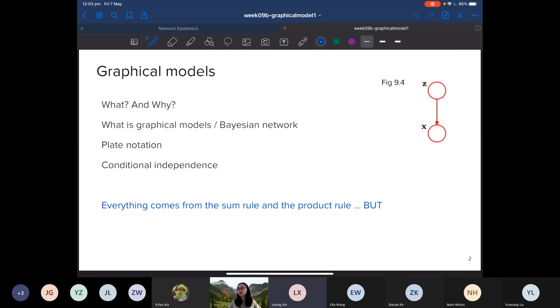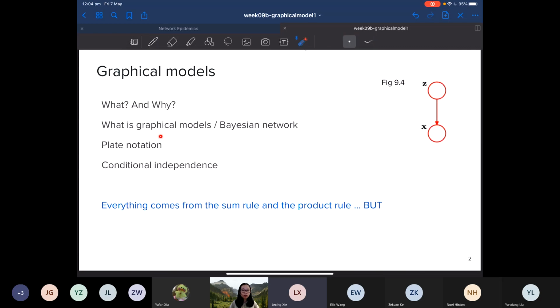So this is what we're going to talk about: graphical models. In fact, because of the sequencing of this class, you have seen it in the mixture model class, where we observe some data X and they are generated from mixture component Z. So we're going to talk more generally about these kinds of mathematical structures expressed in graphs, starting from some motivation.